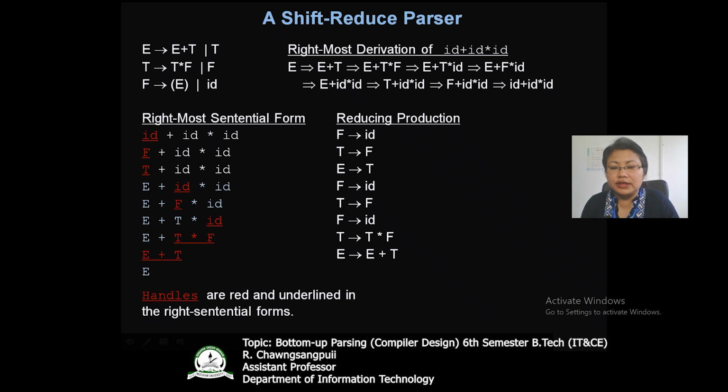Now in the fourth step, E can have the form T, so we are using this reducing production, thereby getting E in the place of T plus ID into ID.